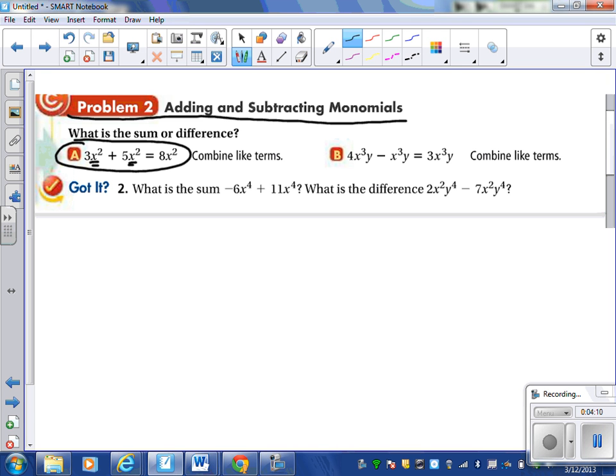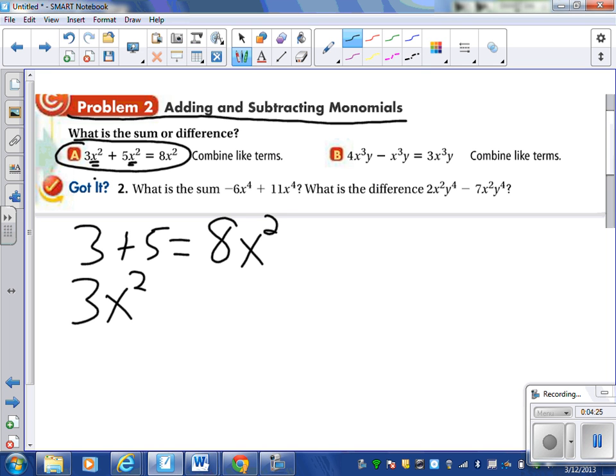So all we're going to do is 3 plus 5 equals 8, and that is for the x squared. So 3x squared plus 5x squared gives me 8x squared.